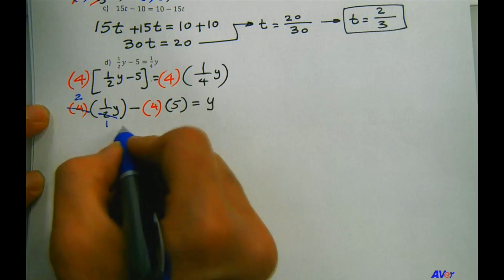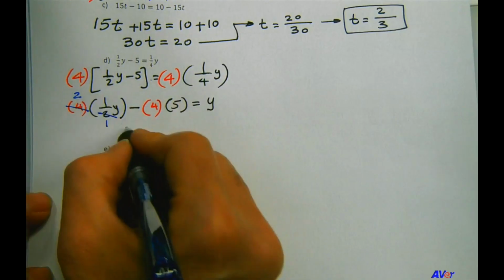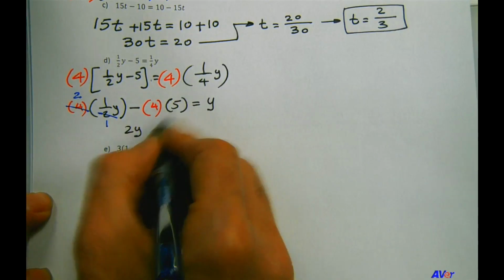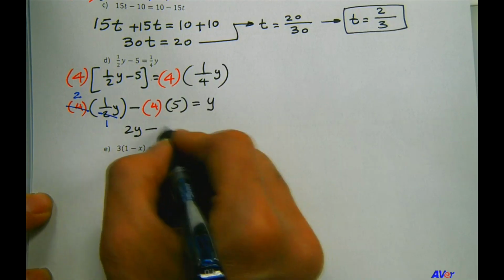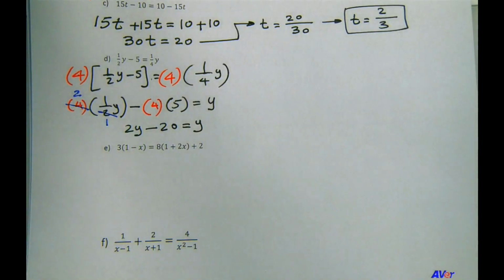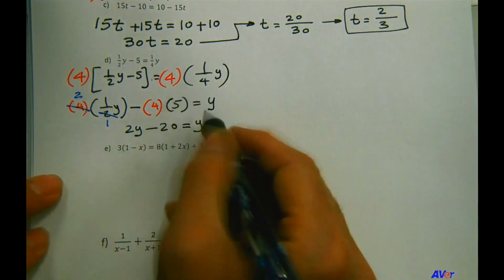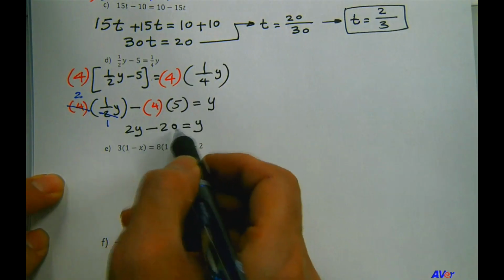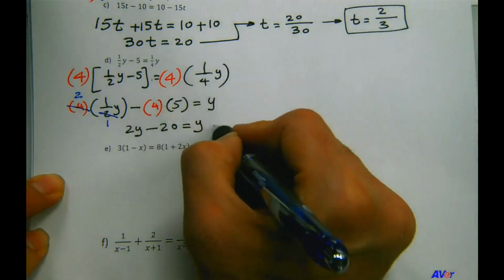So we end up with 2y minus 20, right, equals y. And by multiplying both sides by 4, we've been able to get rid of both fractions at once. So now, because we're solving for y, we need to isolate y.